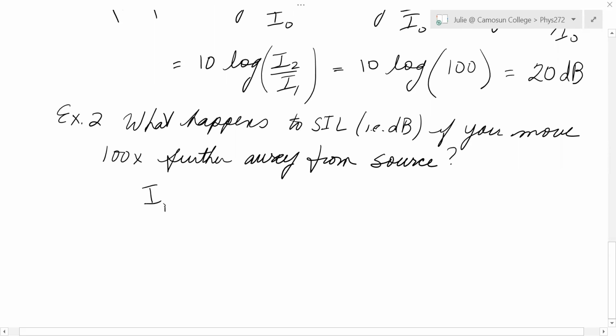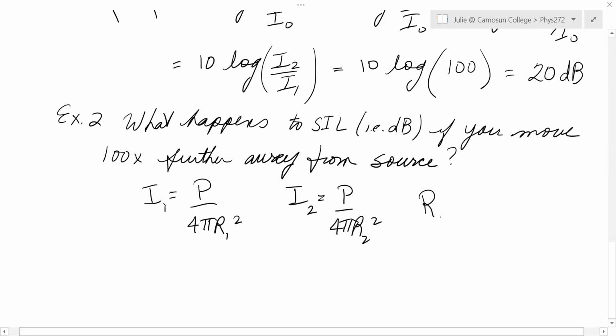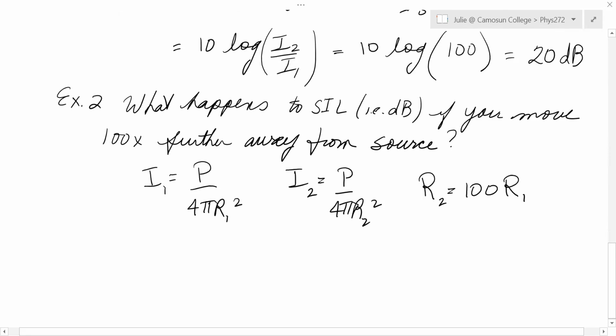So I1 is the power over 4 pi R1 squared, that's how far away you are. I2 is the power over 4 pi R2 squared. And we're told that R2 is 100 times further than R1. Remember, power stays constant.